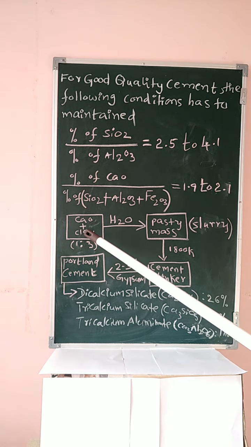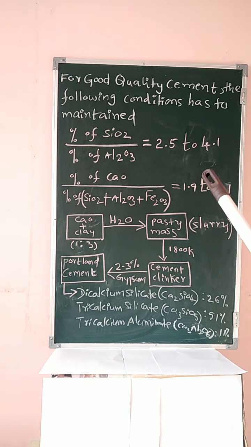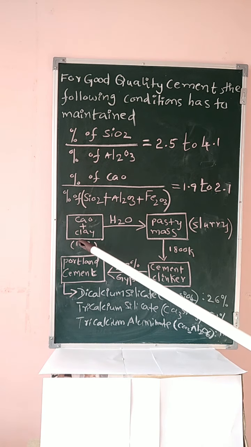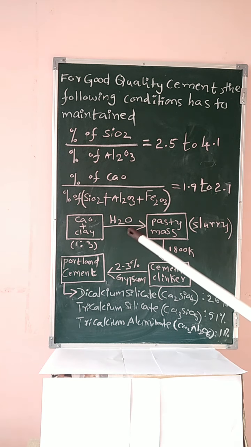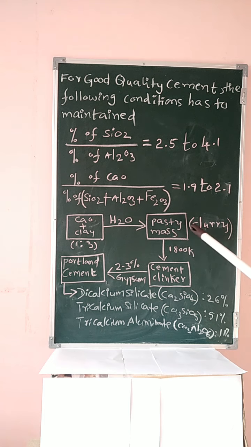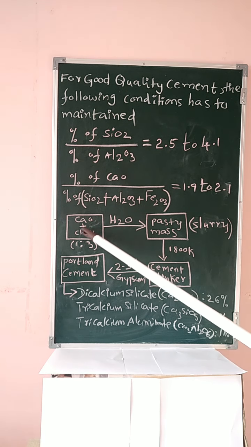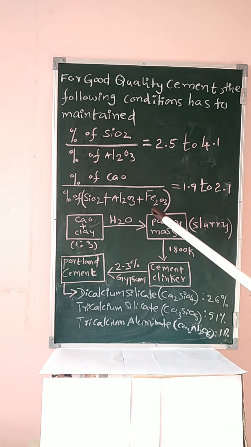The manufacturing of cement can be explained using a small diagrammatic representation. Calcium oxide and clay are mixed in the ratio 1:3, and sufficient water is added to this mixture to form a pasty mass known as slurry.